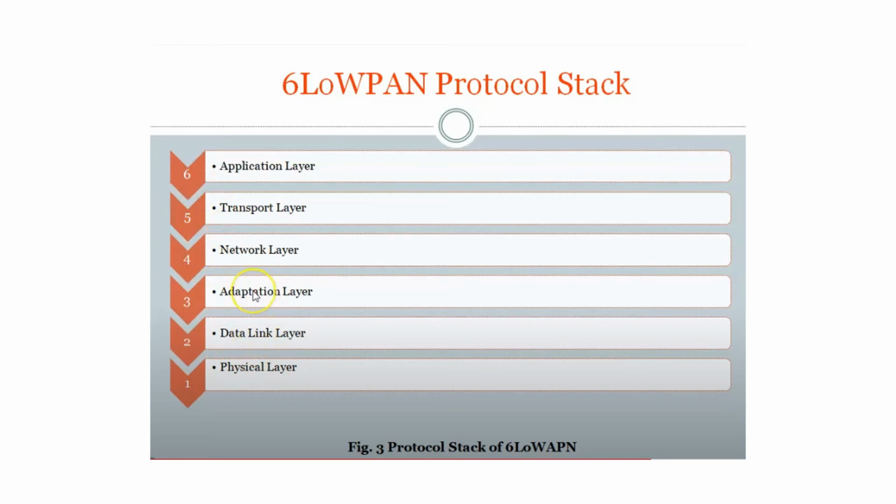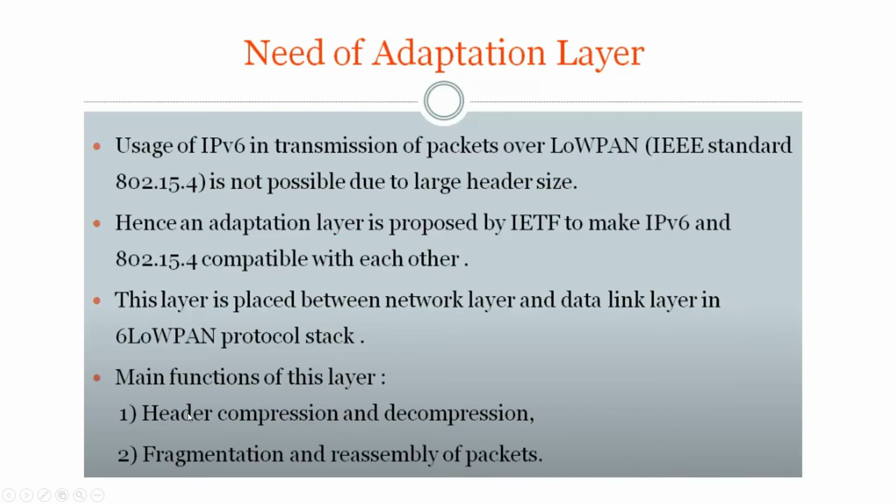Basically, in the adaptation layer, we will do header compression. I compress it to suit 6LoWPAN and then transmit it. Then at the receiving end I will do decompression to get back my original content, and I will go with fragmentation and reassembly of the packet. What is fragmentation?